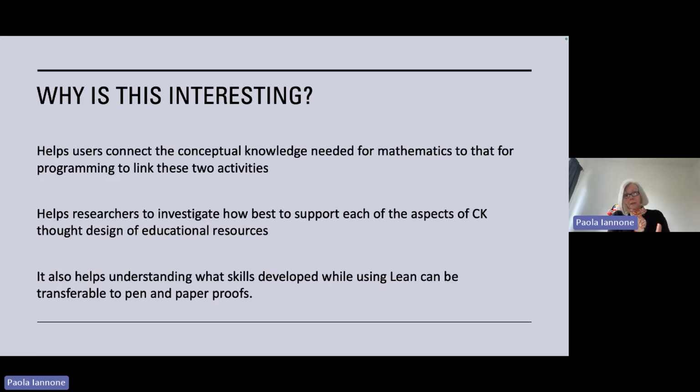It helps people who design resources, and researchers like myself, understand the best way to support the fostering of this type of knowledge. What are the resources that work better for supporting students in thinking about using Lean? And it also helps, going back to the previous problem, with what skills developed while using Lean can be transferred to pen and paper. So this is the motivation of a study like this.